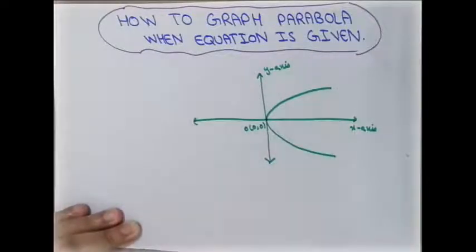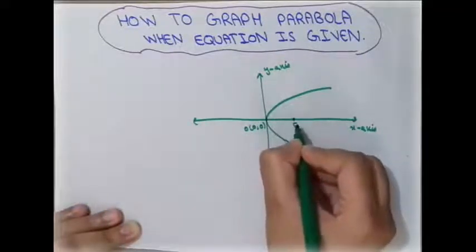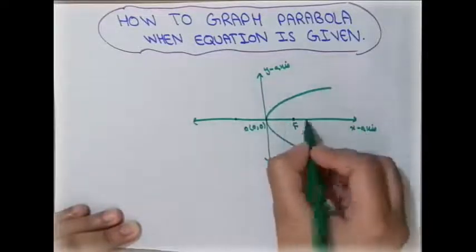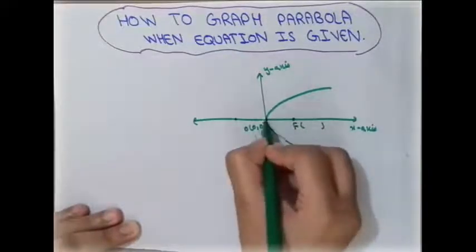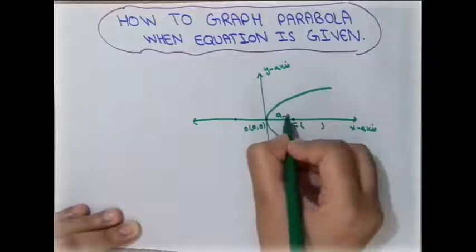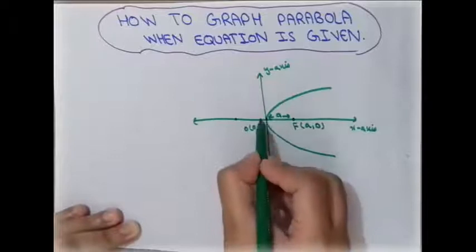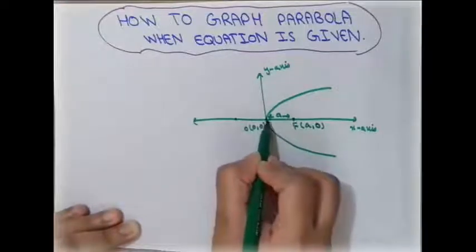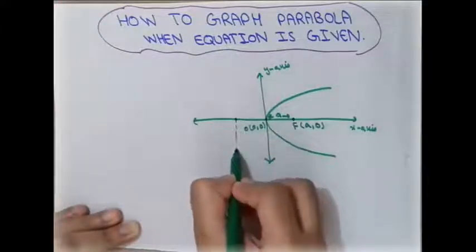A parabola is the set of all points which are equidistant from a fixed point, which we call the focus, and a fixed line, which is called the directrix. This is the parabola and this is the focus. If this length is a, then the coordinates of the focus are (a, 0), and the distance between the vertex and focus is the same as the distance between the vertex and the directrix line.